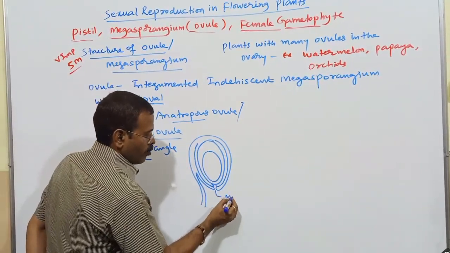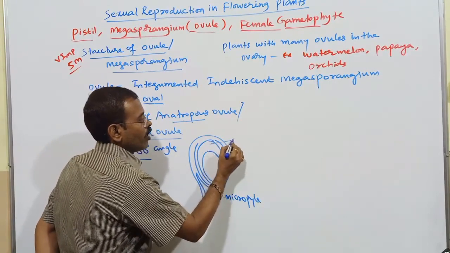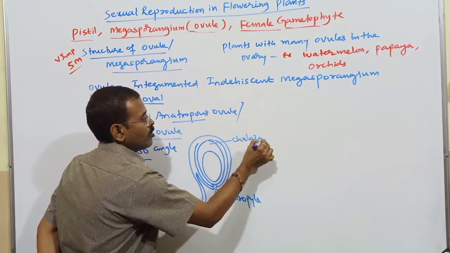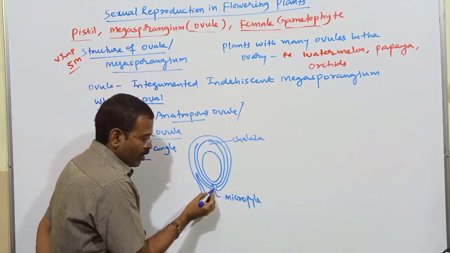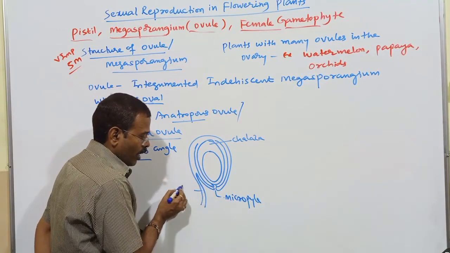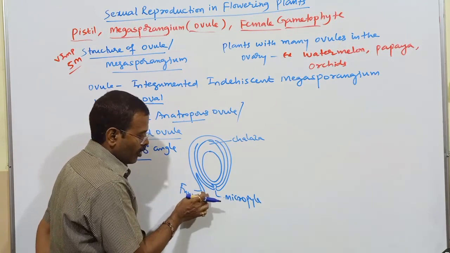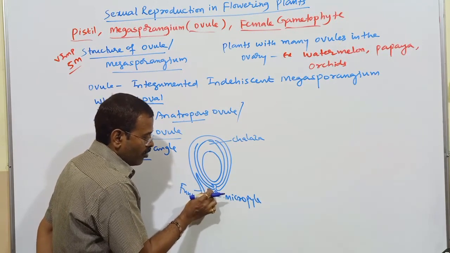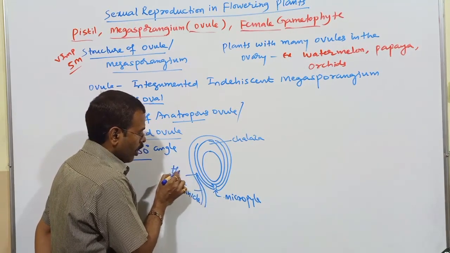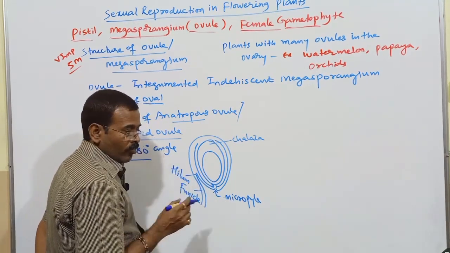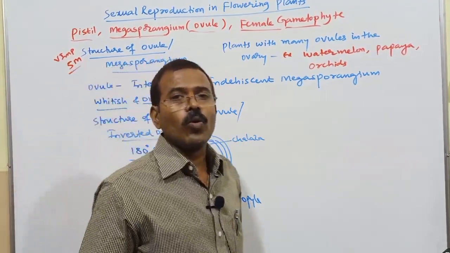This we call micropyle. This region we call chalaza. Micropyle is very close to the funicle stalk. The stalk of the ovule is the funicle. Micropyle is lying very close to the hilum, which is inverted. This kind of ovule is known as anatropous ovule.